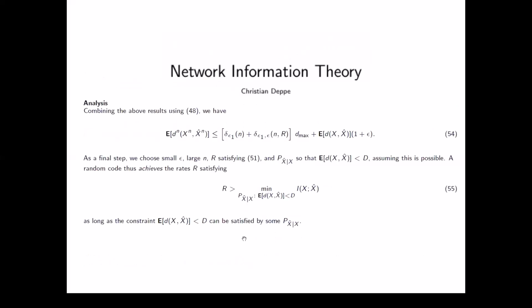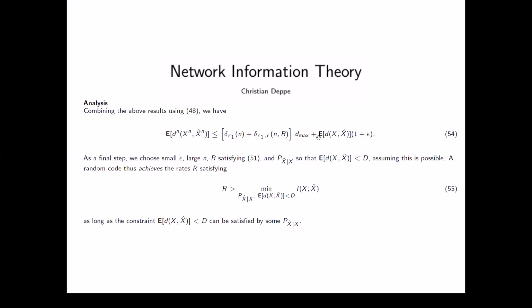We combine these results, and we can estimate this expectation by delta epsilon 1 of m, because that was the first part, the estimate of the probability of the error event, as you remember. Then plus the second term, which depends on the rate, which we have to choose big enough that this goes to 0, times d max, because of our code books.